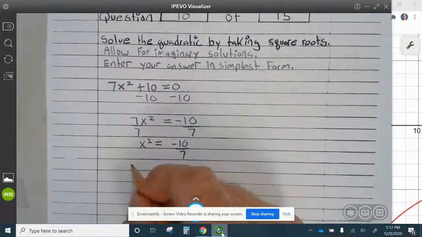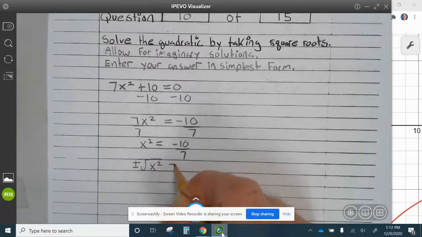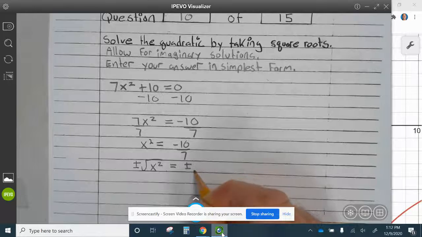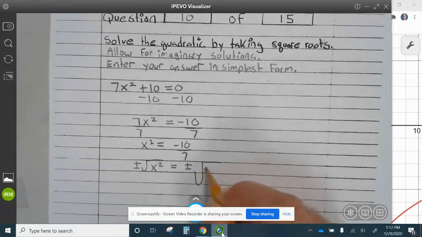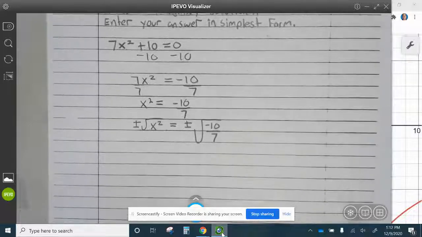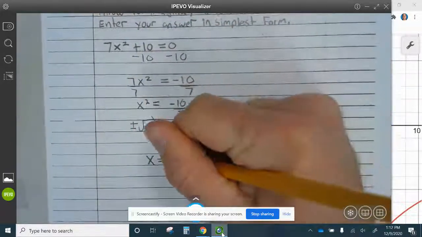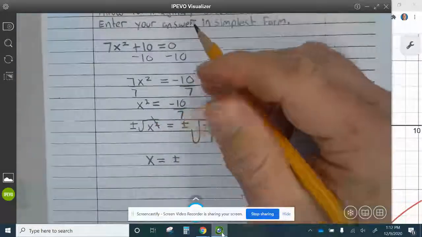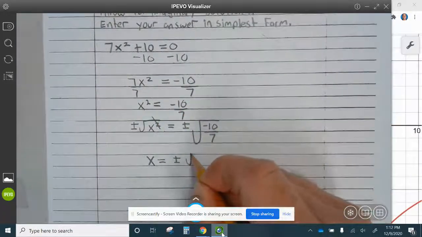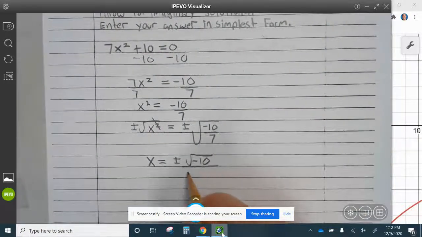Now we need to take the plus or minus square root of both sides. So that cancels. So then you get x equals plus or minus the square root of negative 10 divided by square root of 7.